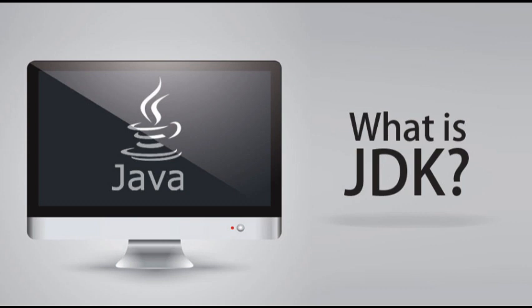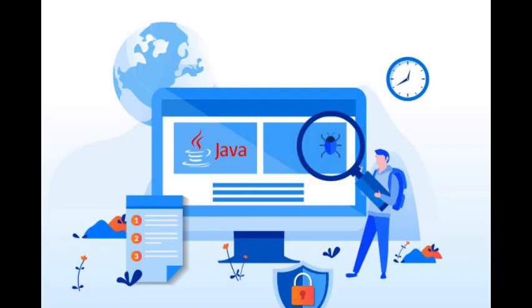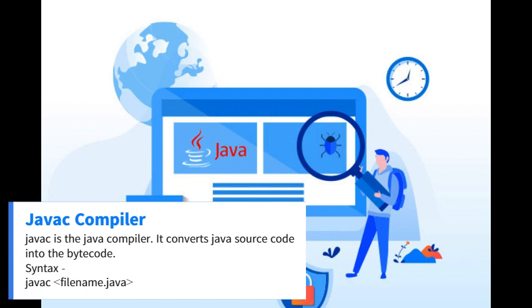JDK provides tools for users to integrate and execute applets and applications. The tools are discussed below. The first JDK tool is Javac compiler. Javac is the Java compiler and it converts Java source code into the bytecode. You can create a Java program using any text editor. The file you create should have the extension .java.